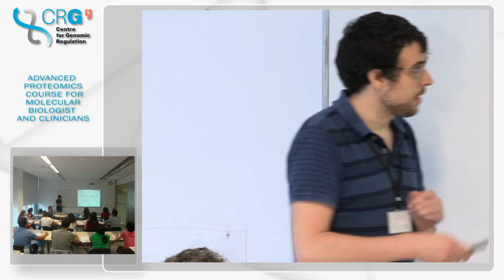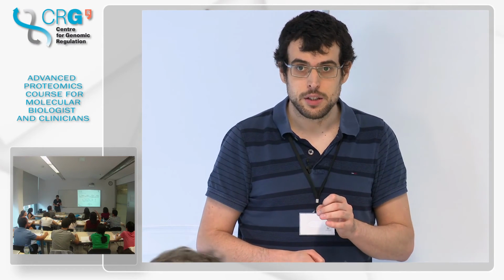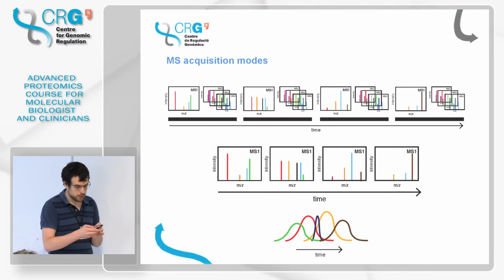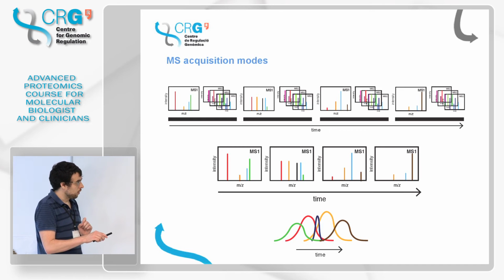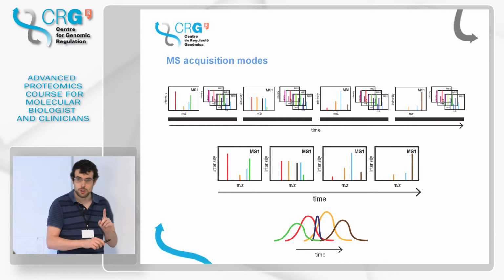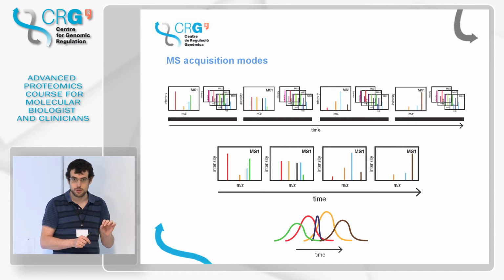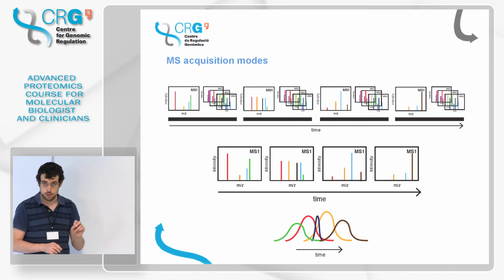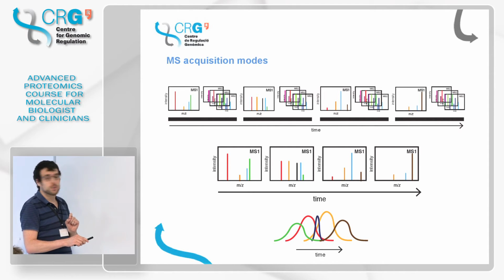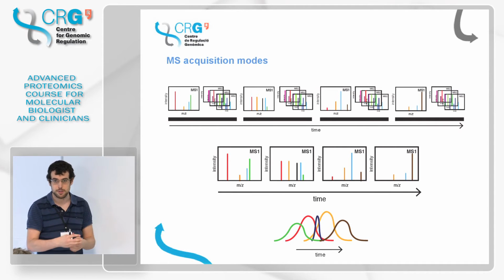So how we do it is we set the mass spectrometer in a way that we say, well, whatever comes out here, please select the 3 most intense for fragmentation, and then it fragments. And then in the second one, it would be the same, but we say to the mass spectrometer, take the 3 most intense ones, unless it has been sequenced before. Okay? And then we are progressing through the whole sample.